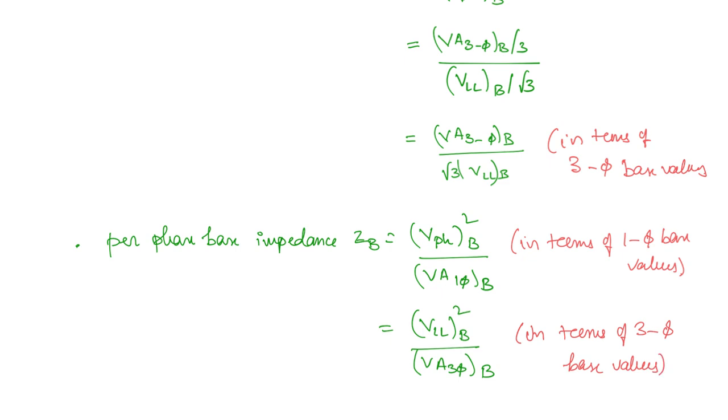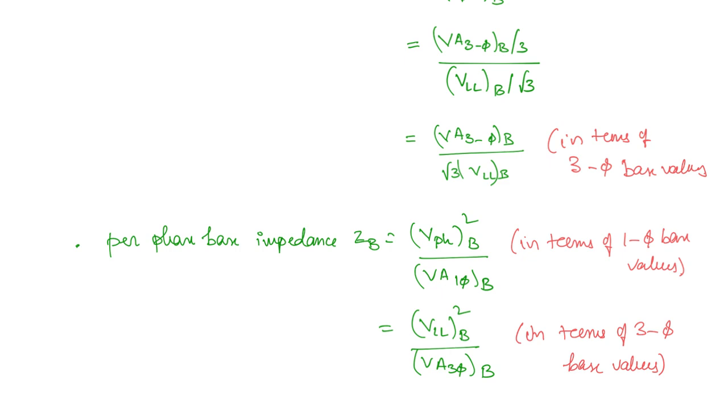Okay, so this is how you take the base values, and once you know the base values, you will get the per unit values by taking them as a fraction of these base values. One thing that I want to tell you is, if you want to find the per unit value of the phase voltage, then you have to take the base value of the phase voltage, not the line voltage.